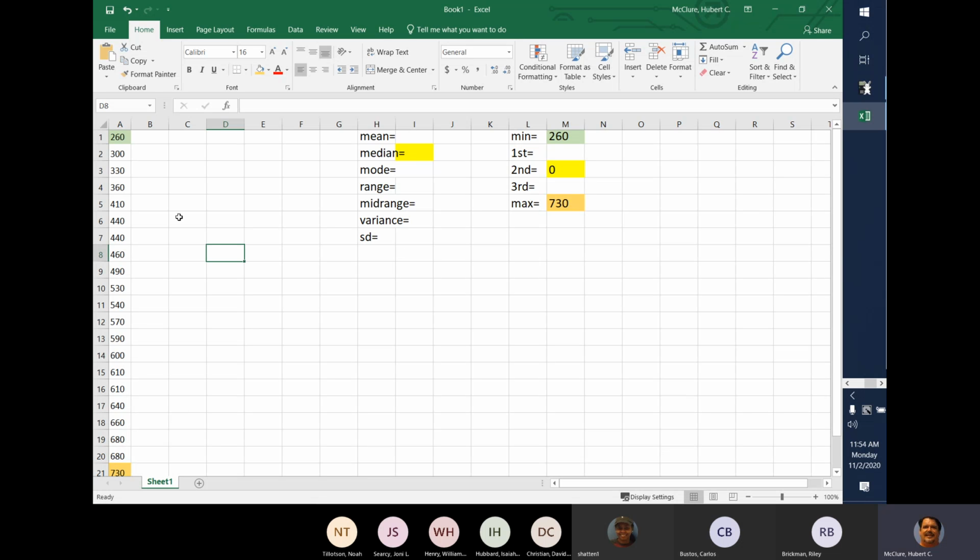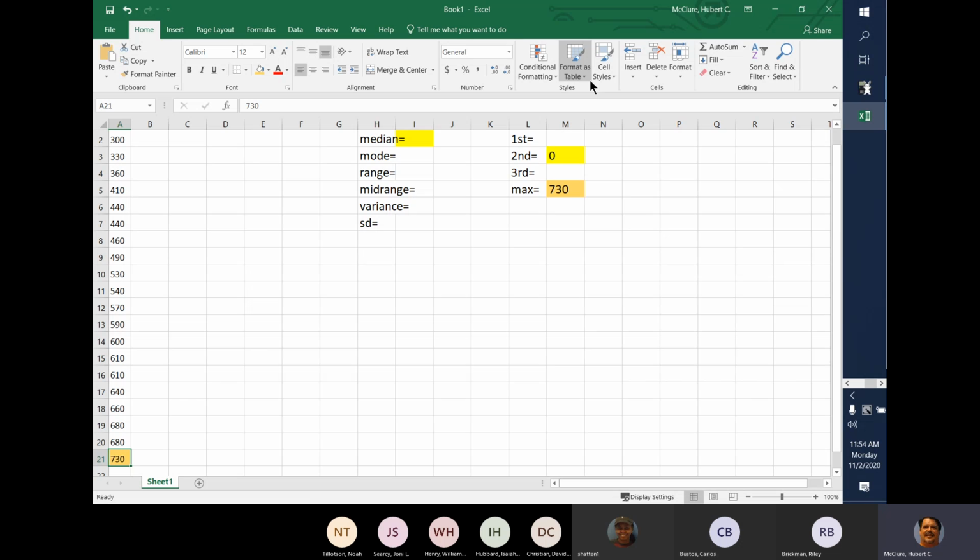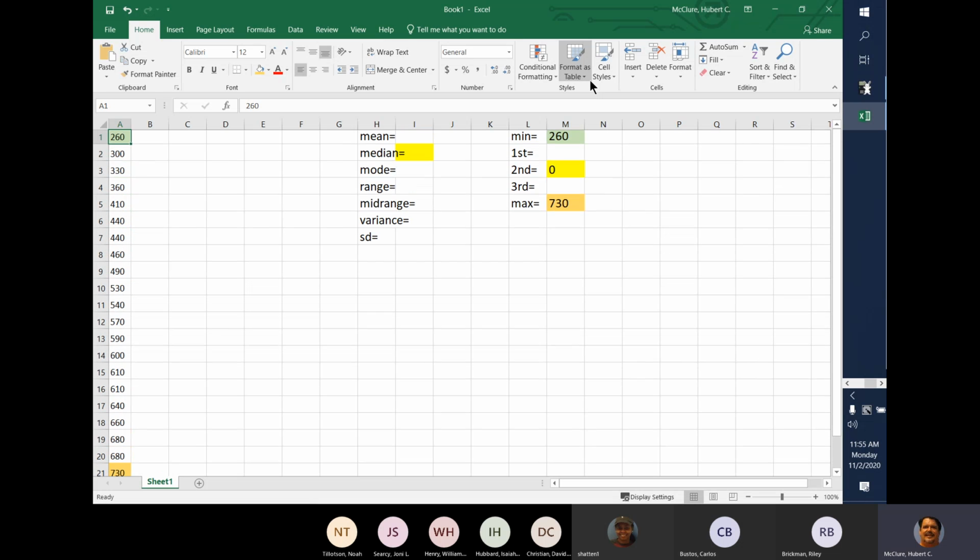So I need to add all these numbers up and divide by 20, right? Let's count. 1, 2, 3, 4, 5, 6, 7, 9, 10, 11, 12, 16, 17, 18, 19, 20, 21. I thought there was 20. Okay. 1, 2, 3, 4, 5, 6, 7, 8, 9, 10. Okay, so I'm going to add them up and divide by 21.